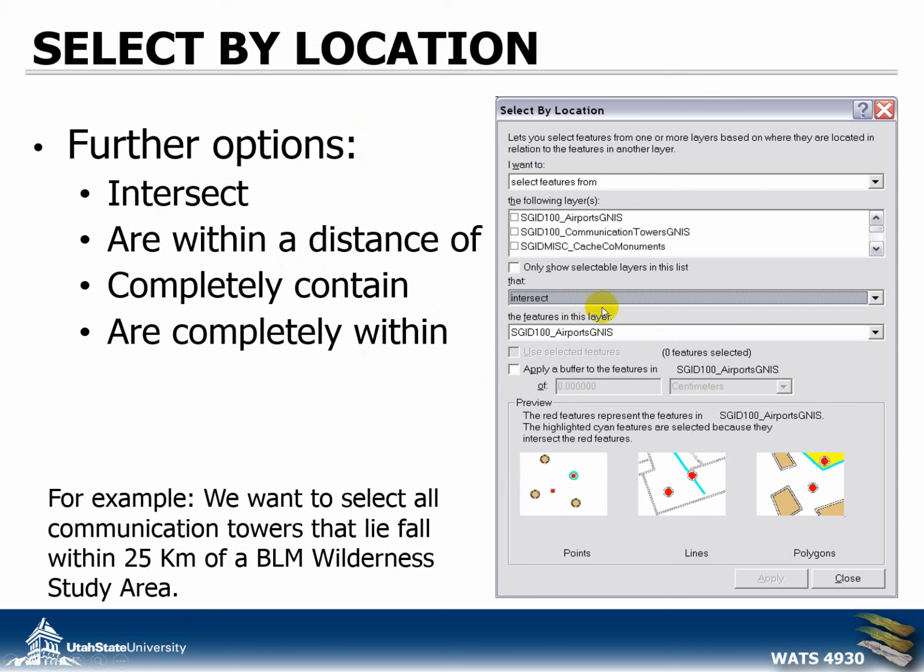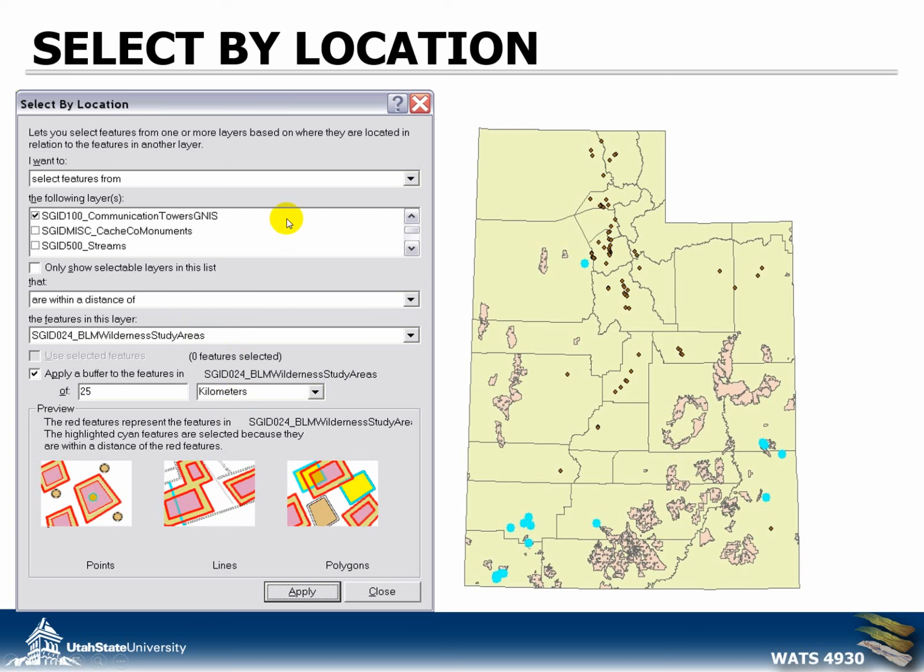So you choose the layer or layers, and then what is the relationship, is it that they intersect or that they touch or whatever the method is, and then what you're comparing to. You can run that, and that's a real easy way to do a spatial selection query.